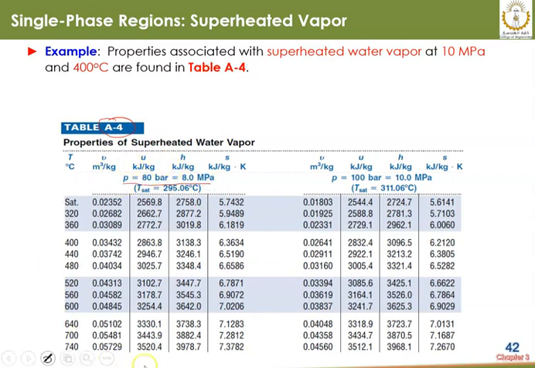So this table here is for a pressure of 8 megapascal or 80 bar, and this table here is at a pressure of 10 megapascal, and so on. So if you go to table A4, you will see different small tables. Each small table is for a different pressure, and the first column shows the temperature, and always the first temperature is the saturation temperature of that pressure.